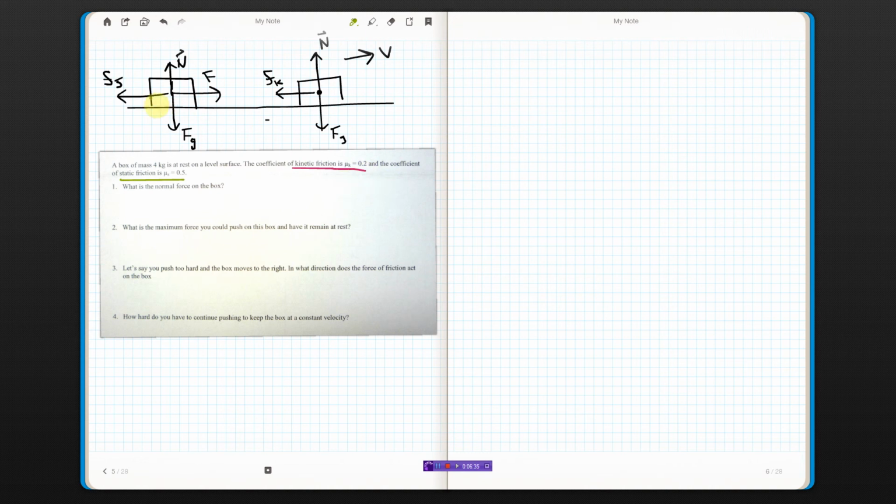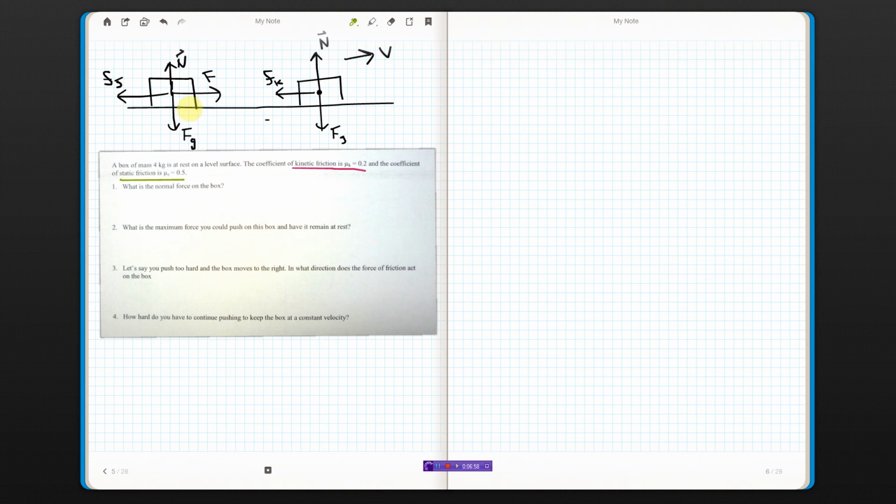That's why when you're pushing and trying to make it move, there's a point where you push at the maximum force of the static friction, and it's like you're breaking it. And once you've broken it and the box is moving, you drop down into kinetic friction, which is less, which is why it seems easier to push once it's moving and keep it moving than it was to get it started in the first place.